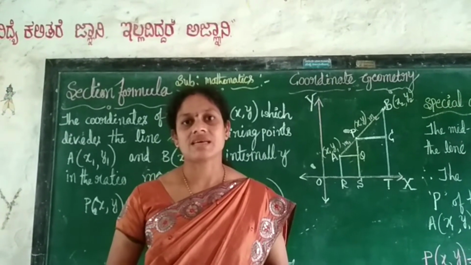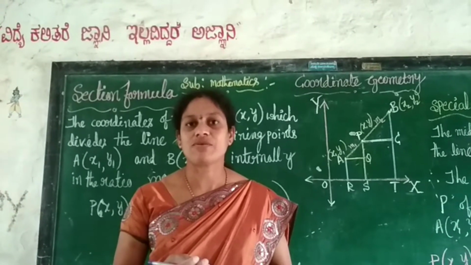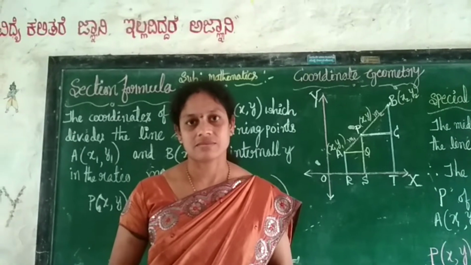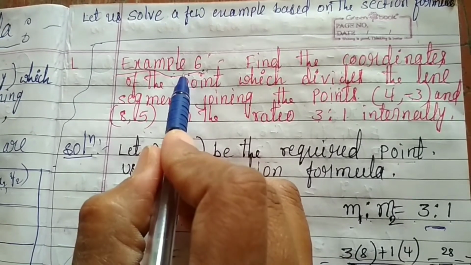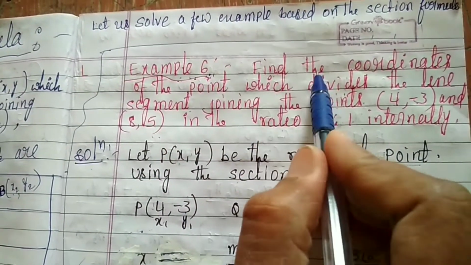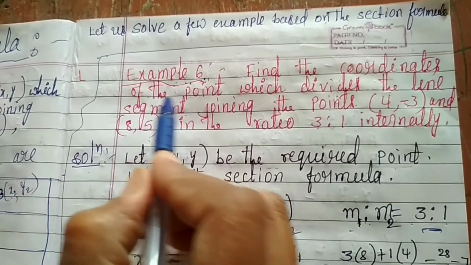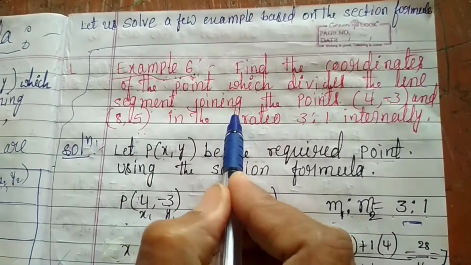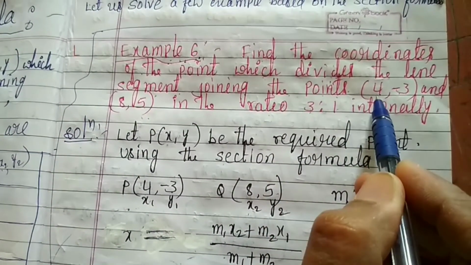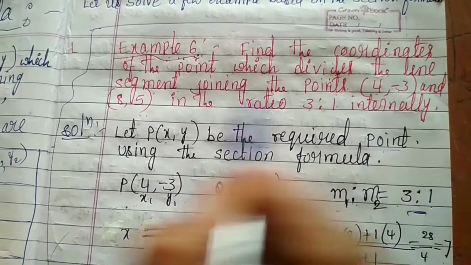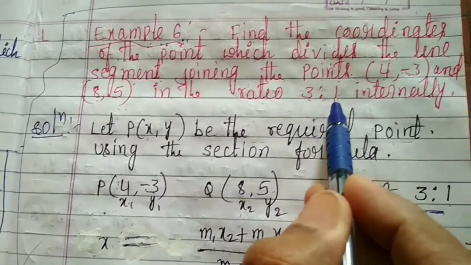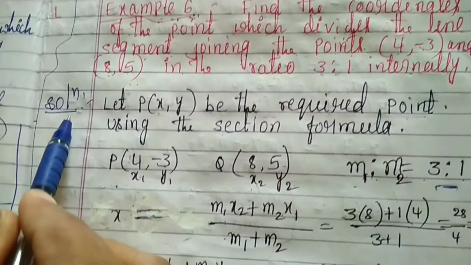Dear students, now let us solve a few examples based on the section formula. Example 6. Find the coordinates of the point which divides the line segment joining the points 4, -3 and 8, 5 in the ratio 3:1 internally. Solution.